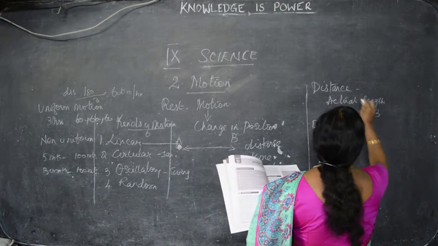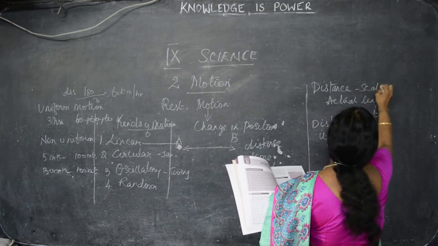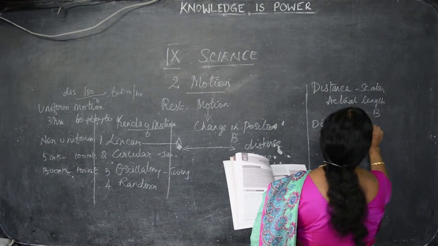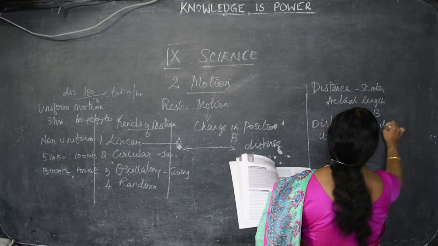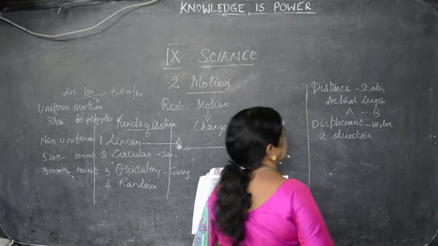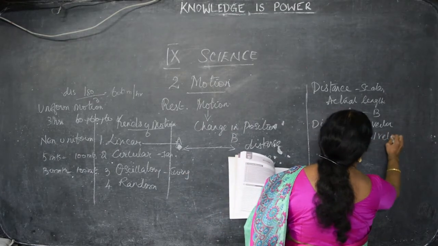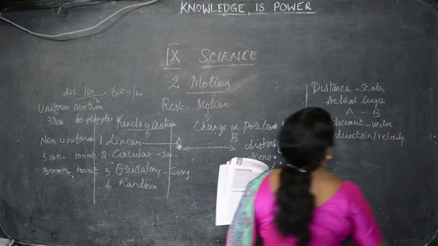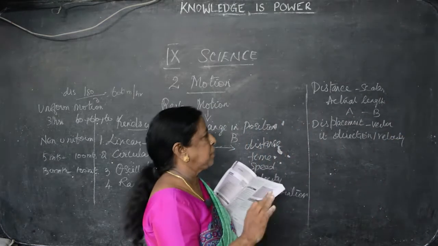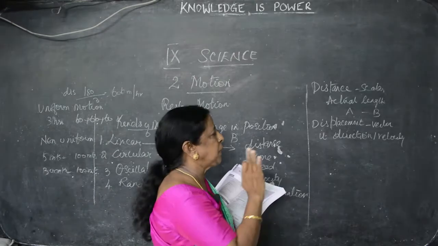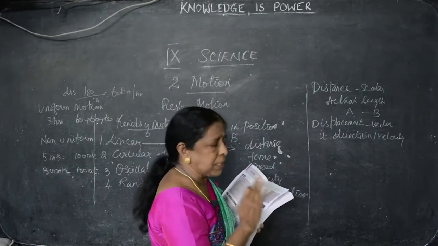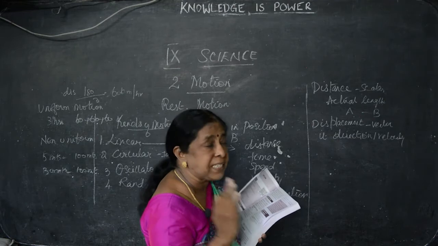Distance is a scalar quantity. Displacement is a vector quantity. It has magnitude as well as direction. So distance is the actual distance from A to B. Displacement is also the same, but it says in which direction it goes.